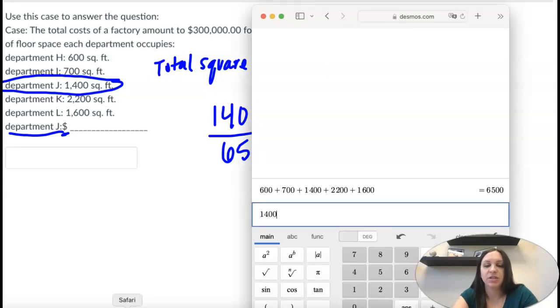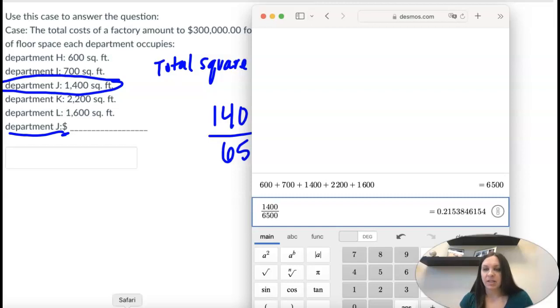So 1,400 of 6,500 is 21.5% of the building. To find the cost, we're going to take that number and multiply it by our total amount.